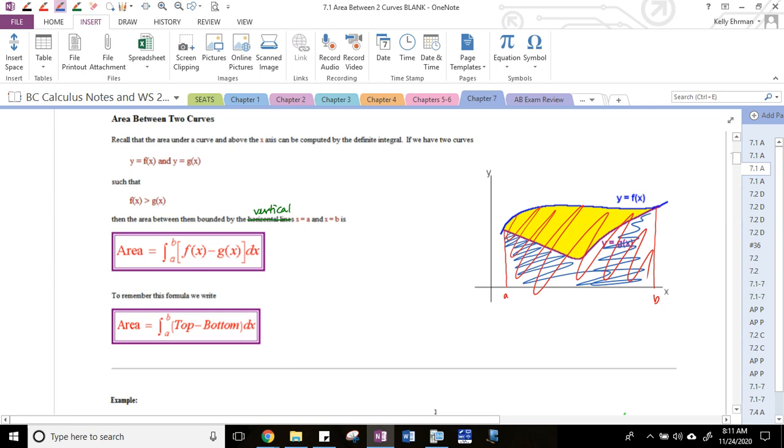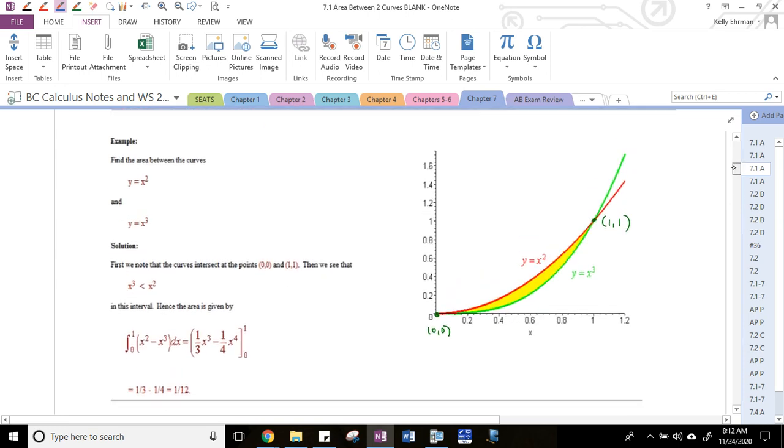All right, so let's look at an example here. This one's already done for you, so we're not really adding to this. If I want to find the area between the x squared curve and the x cubed curve, the first thing I need to find, which likely will not be given to me, are the points of intersection. What are the a and the b?